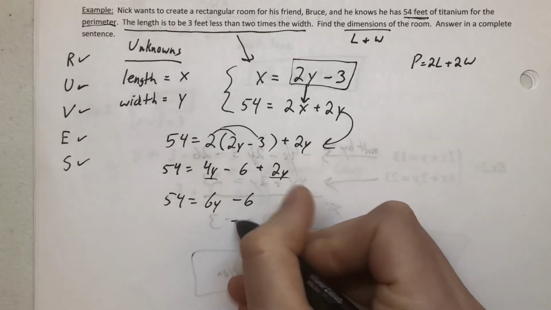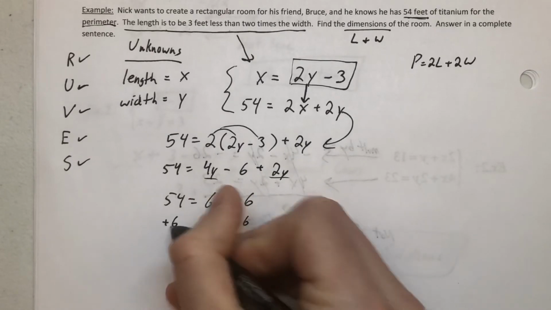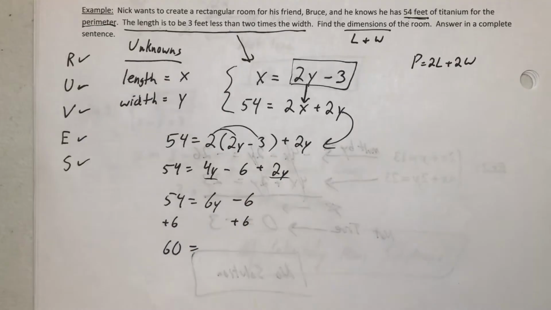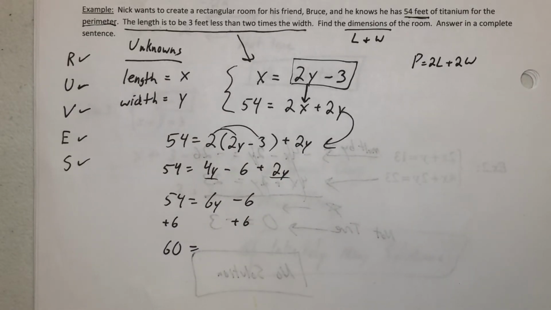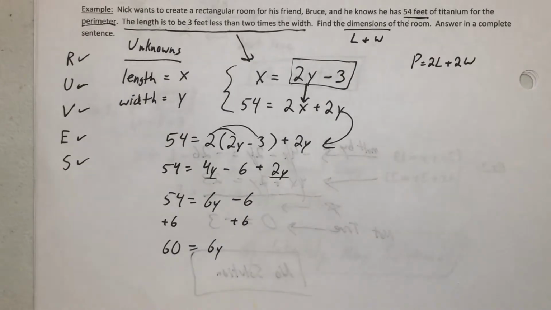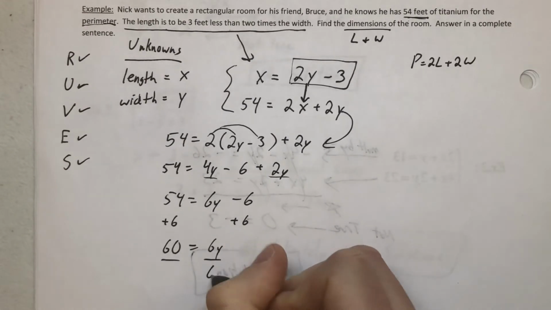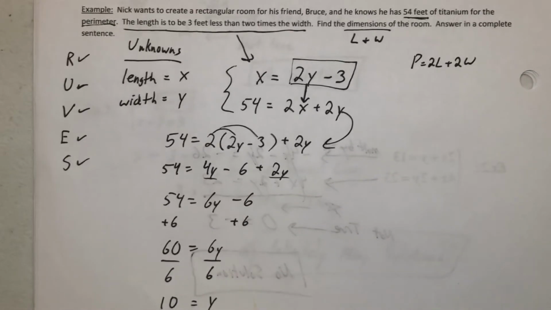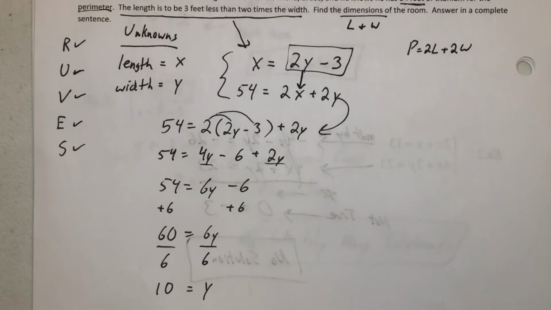Now, at this point, we will get the constants to one side since the variables are already on the other. 54 and a plus 6 gives me 60. And then on the right side there, still have 6y. And then get the y by itself, dividing by 6 to get y equals 10.